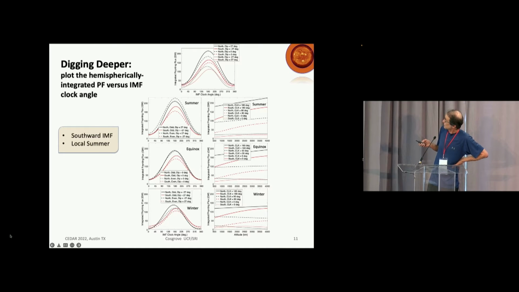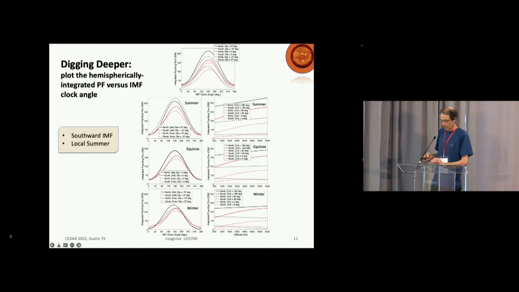The solid lines are local summer, dashed lines are equinox, and the dotted lines, if you can see them, are local winter. So you can see that this phenomenon seems to be, at least in the FAST data, happening during southward IMF especially. You get this asymmetry, and also during local summer. Just compare that peak to that peak.